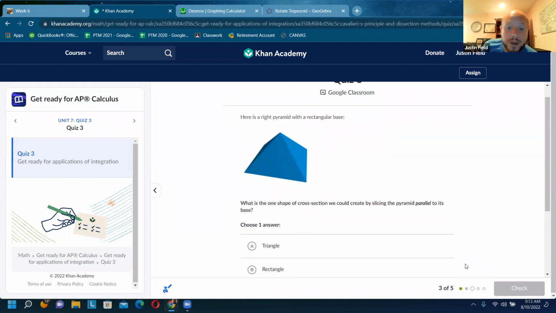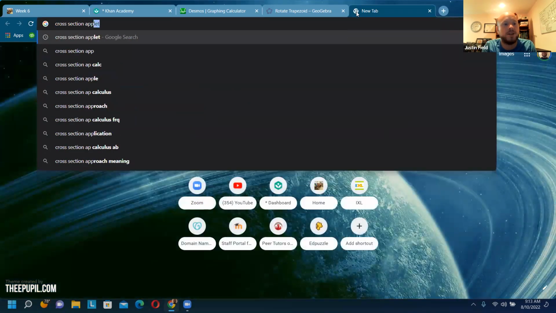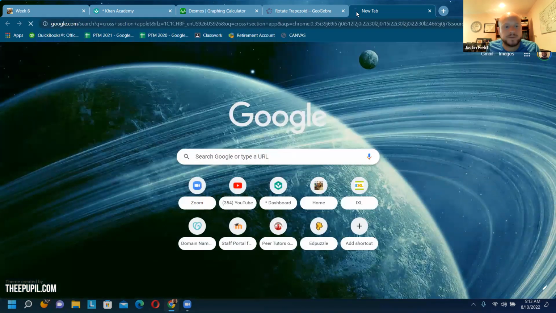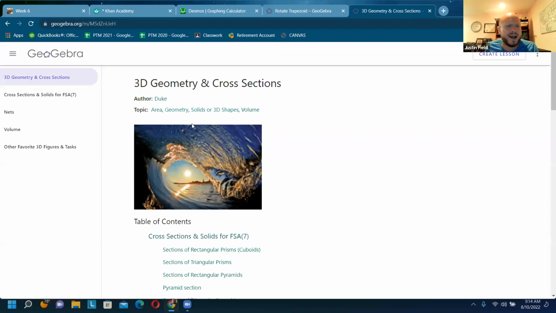Here is a right pyramid with a rectangular base. What is the one shape of cross section we could create by slicing the pyramid parallel to its base? So there's also a cross section applet. I just say to myself, it's got to be cross sections of solids.